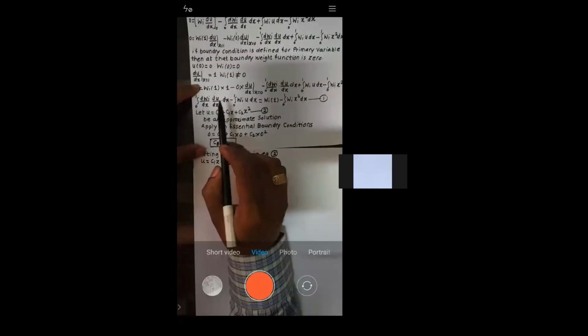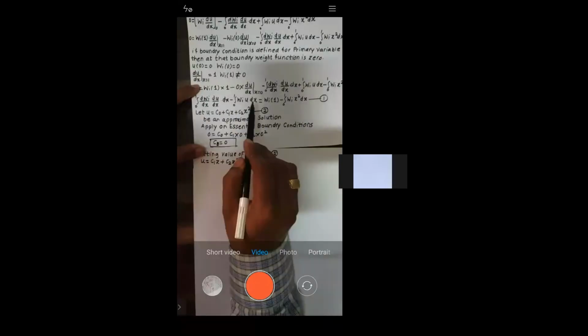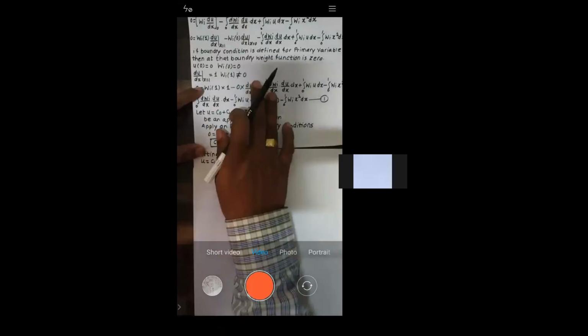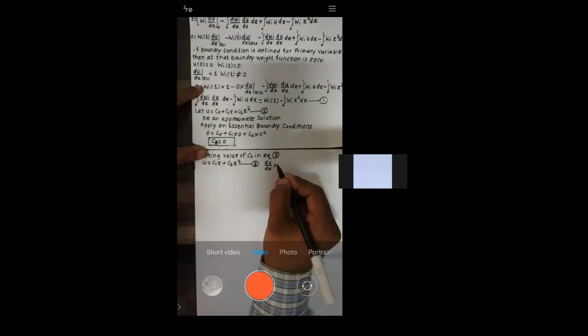Right? Now see, all of you, in this equation 1, you require u, which we have calculated by applying only the essential boundary condition. Similarly, you require du by dx. So tell me, what is du by dx?